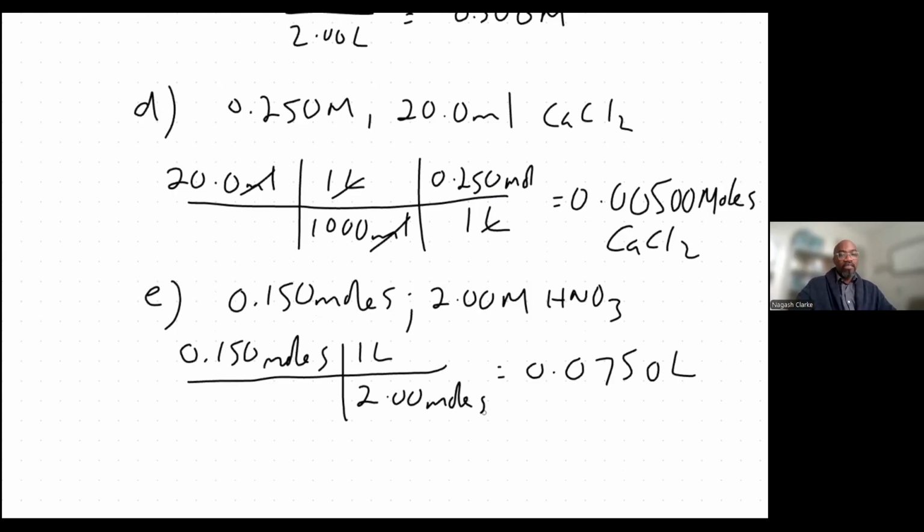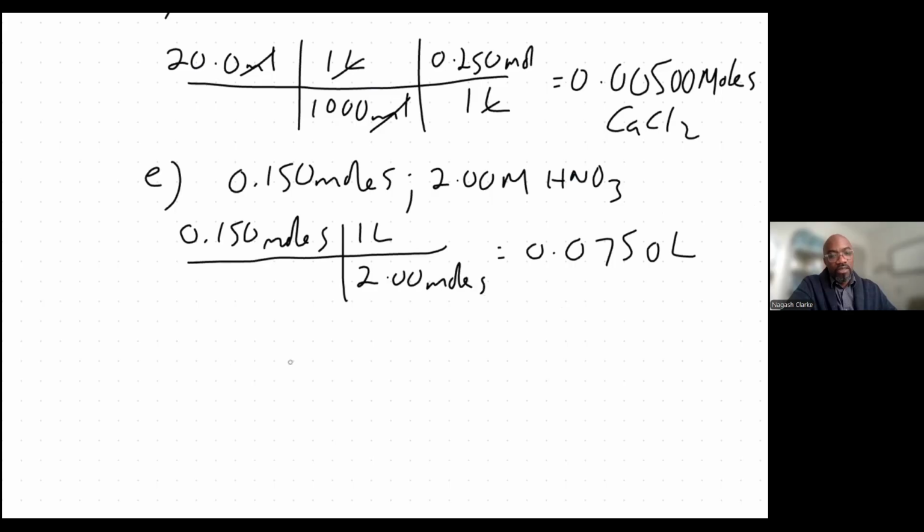So remember our molarity expression, I just want to reiterate this: if you see 5.00 molar, a pretty concentrated solution, that means 5.00 moles are contained in 1 liter. So that's how we can use it as a conversion factor, much like molar mass and density.